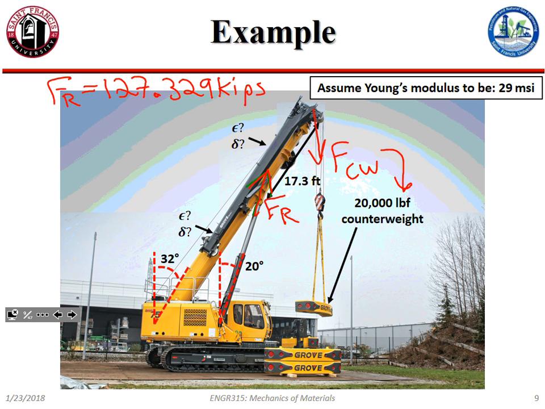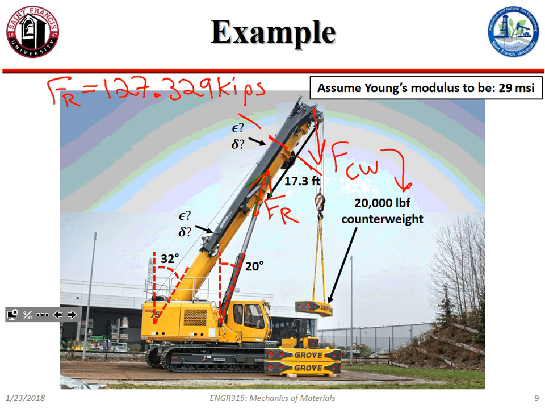If I take sections along here and start to find what forces are acting on each section, that's going to change going down the arm, right? So let's see how that changes.